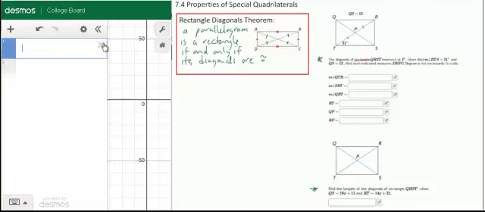The diagonals bisect each other. So what that means is that we have these two different isosceles triangles, right? So this is an isosceles triangle, meaning that this angle is also 31. Across from it is this congruent isosceles triangle, so those will each be 31 as well.